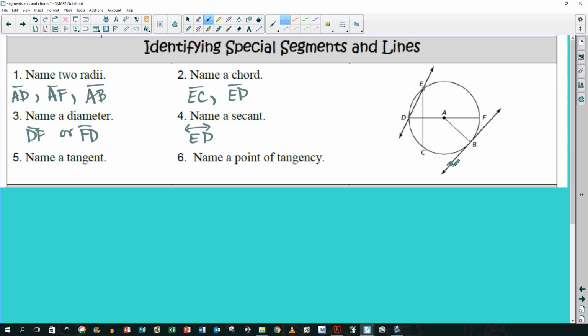So let's put a point here, and let's call this point G. So now we've got tangent line BG, and it's touching the circle at point B. So point B is your point of tangency. It's pretty easy, basic stuff, but you do need to know what the terms mean, or else solving the problems could get a little tricky.